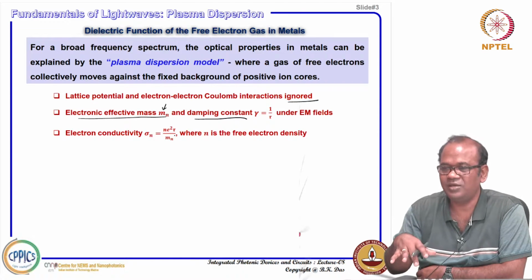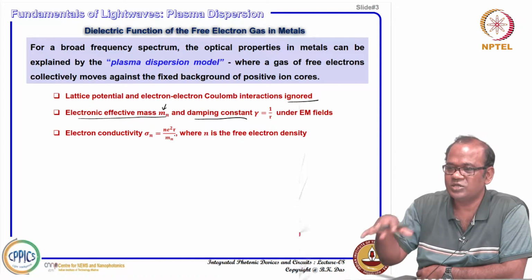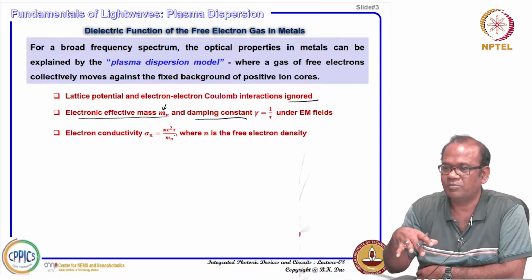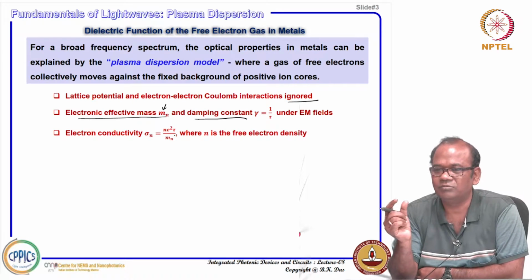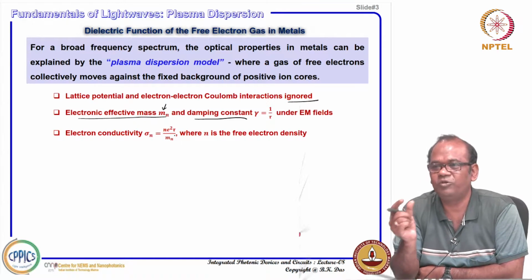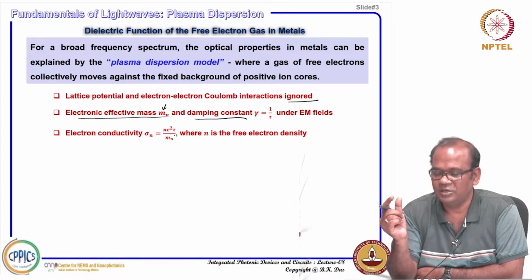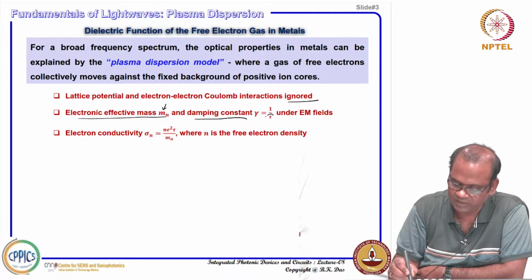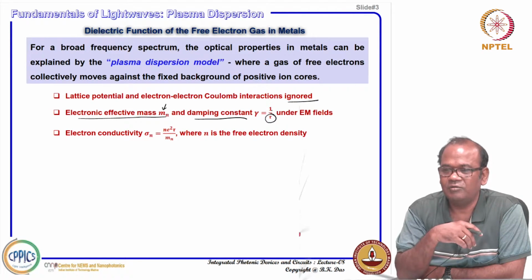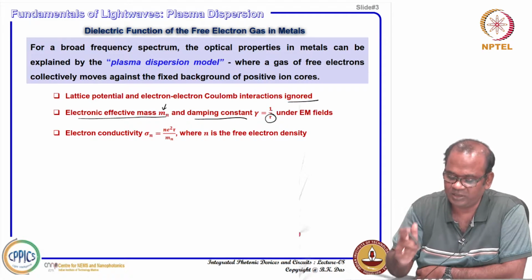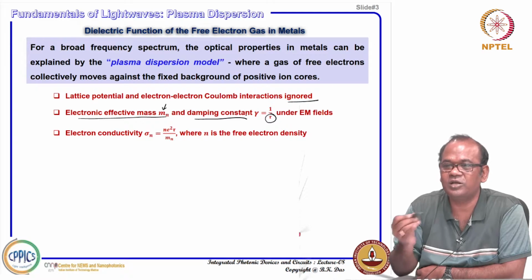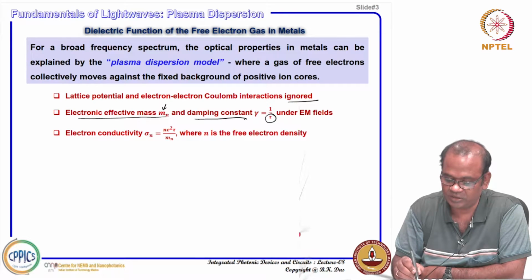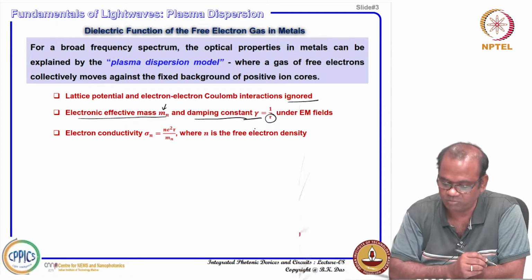That is considered as the average time, or mean free time, between two successive collisions, called the relaxation time or scattering time tau. The collision probability per unit time is known as the damping constant, 1 over tau.